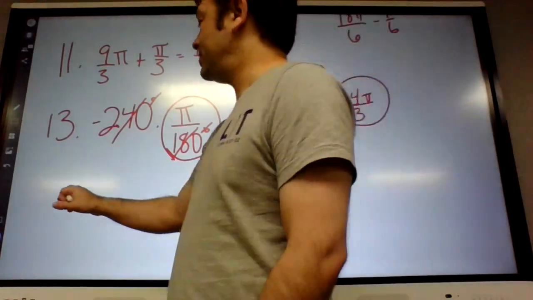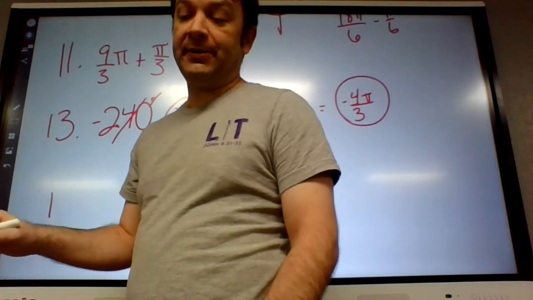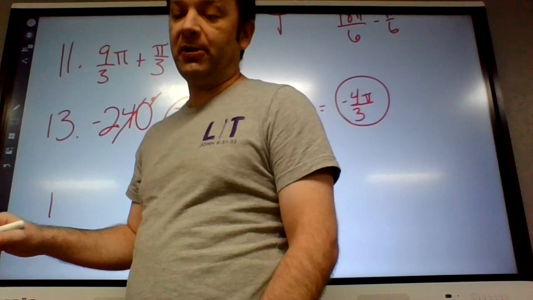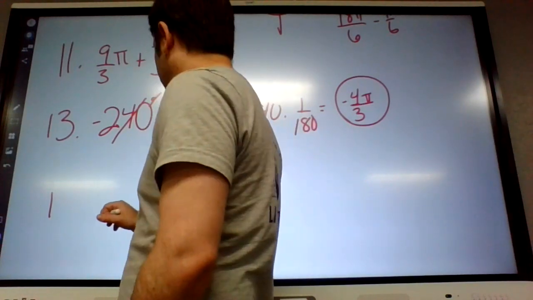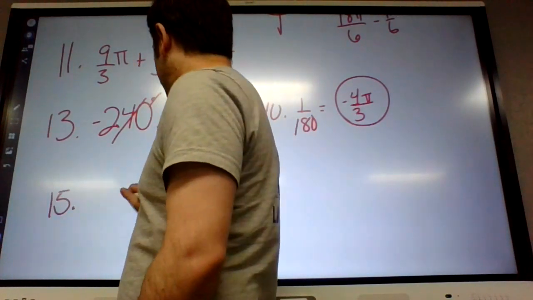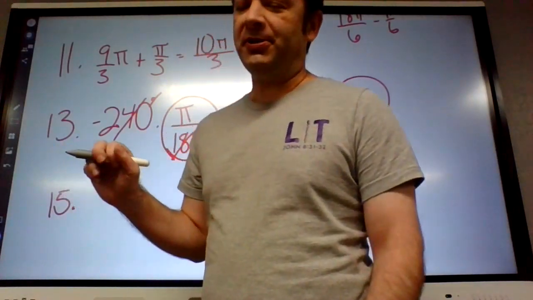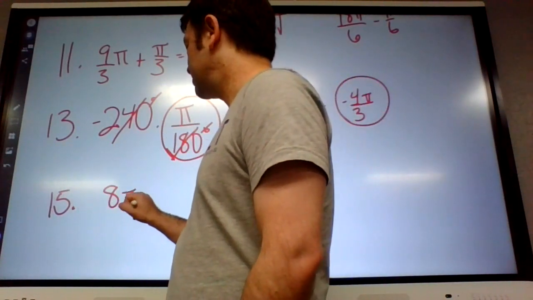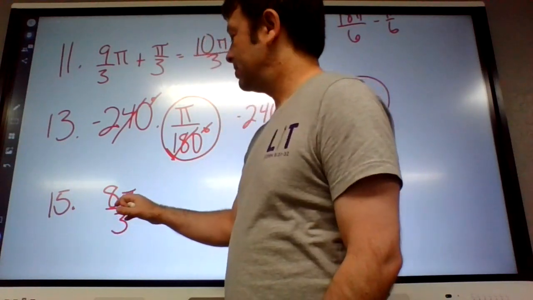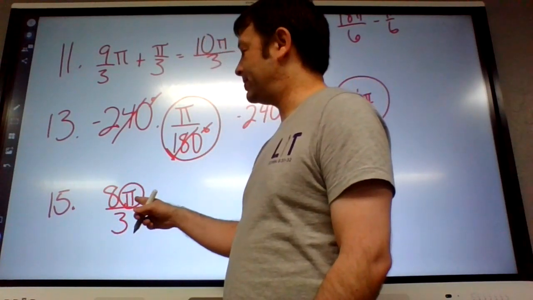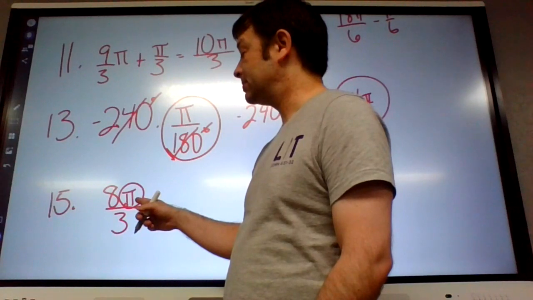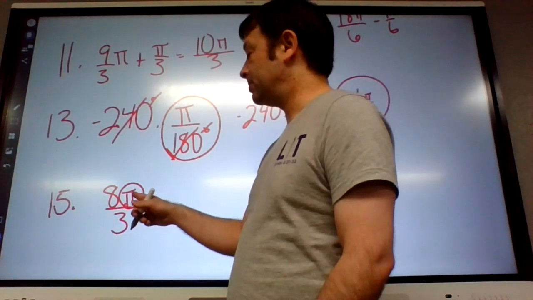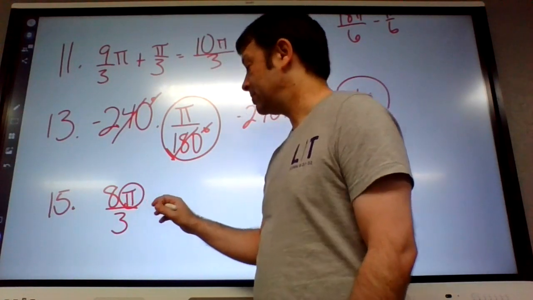On 15, you could use times 180 over pi, because it's the other way around. But do you guys remember the easier way to do 15? Guess no. So pi is just worth how many degrees? 180.